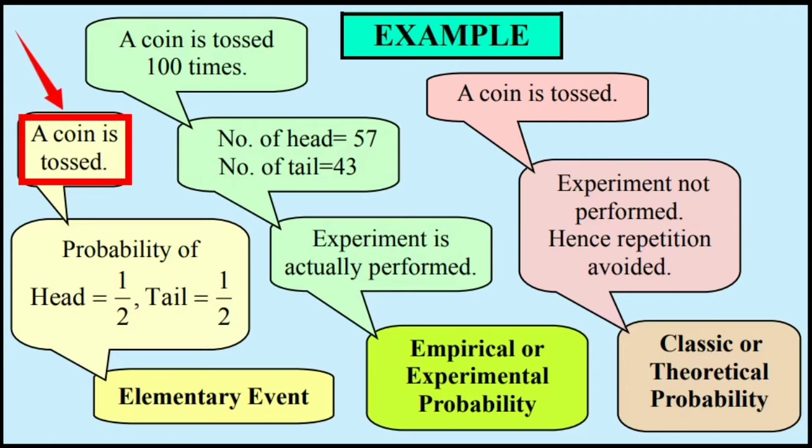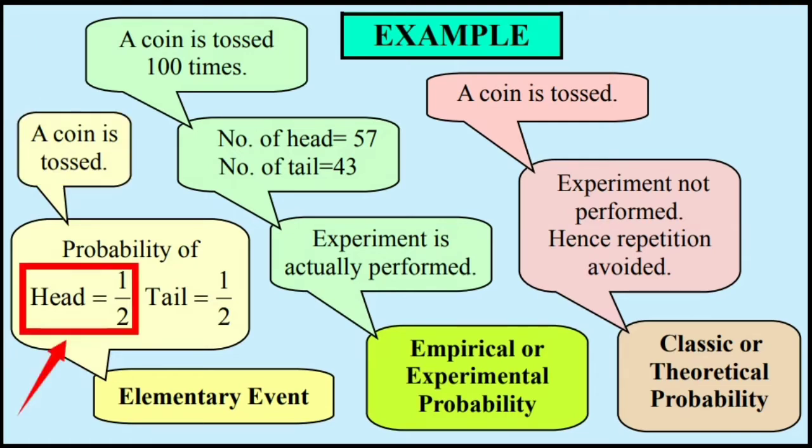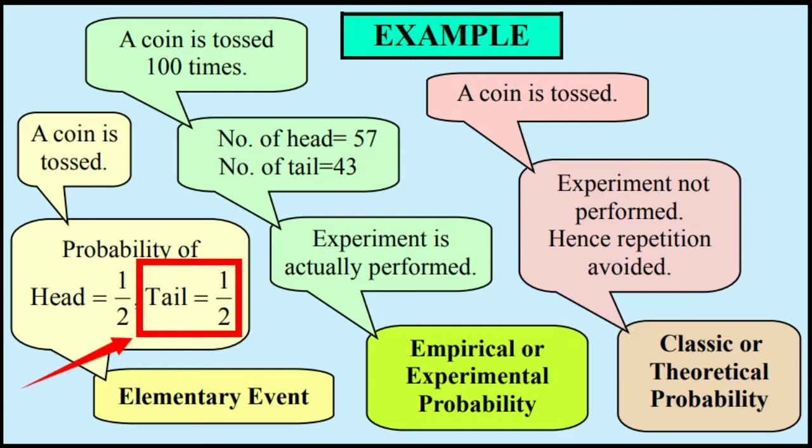The first example is tossing a coin. In tossing a coin, the probability of getting head is 1 by 2. Here, the number of favorable outcomes is 1 only. The probability of getting tail is also 1 by 2, and here too the number of favorable outcomes is 1 only.